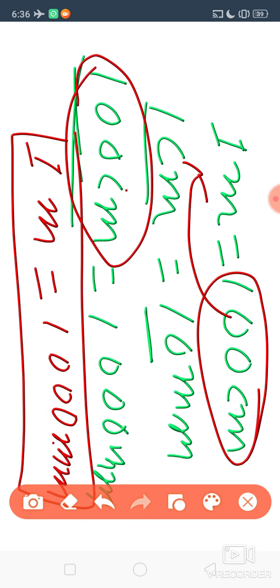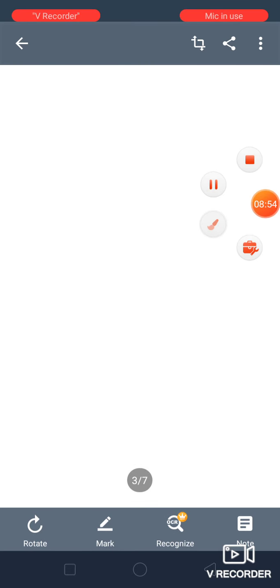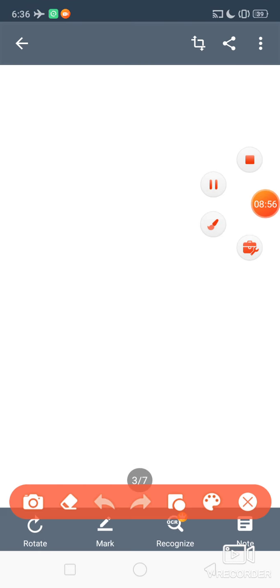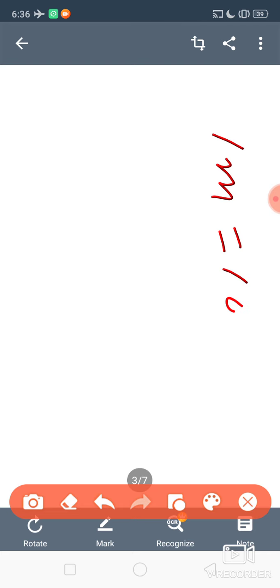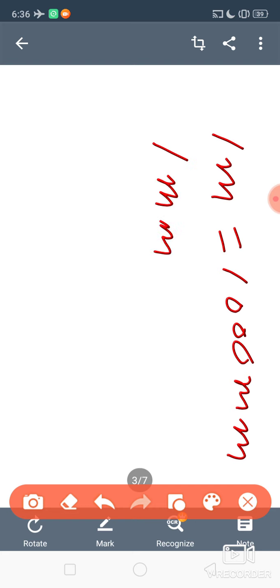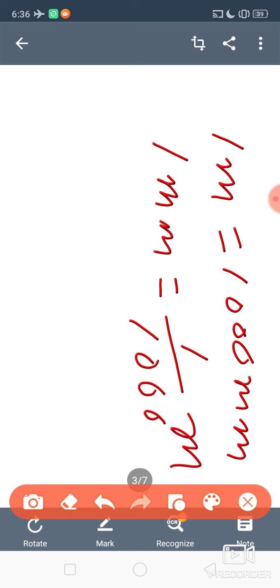Now if 1 meter is equal to 1000 millimeter, then from the unitary method what can we write? 1 millimeter is equal to 1 by 1000 meter, or not? This much you know.